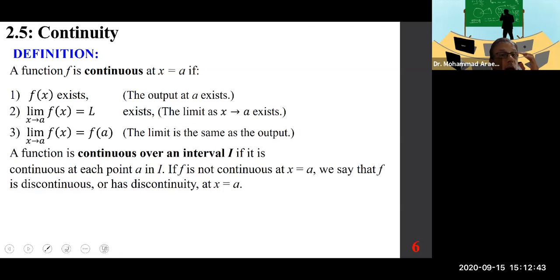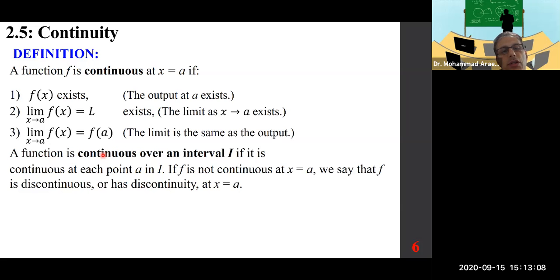So a function f is continuous at x equals a if, again, we looked at the summary, and this is a definition of a continuous function. So the limit exists. And remember, the limit exists if the one-sided limits are identical. And then the limit is equal to f of a, the functional value, okay? That's as far as the continuity goes.